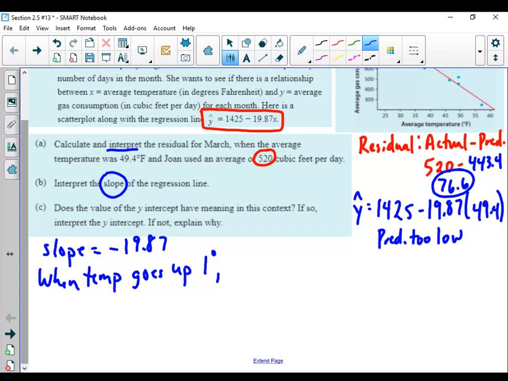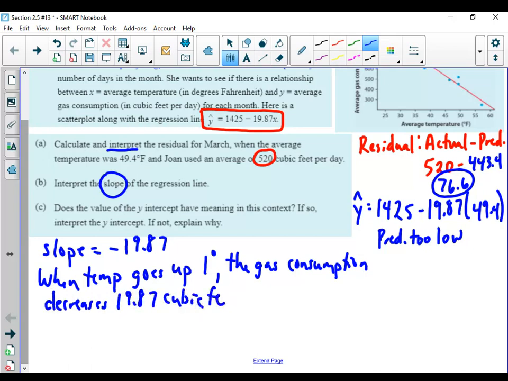So when the temperature goes up 1 degree, the gas consumption decreases by 19.87 cubic feet. That's usually the tough one to figure out, the slope. But again, it's every time x goes up by 1, what's y doing?